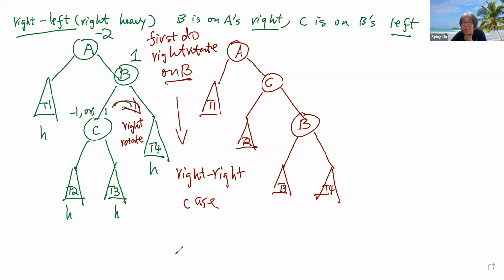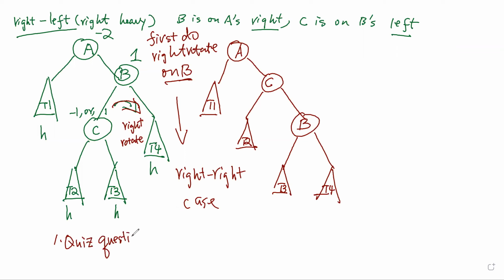And for the right case, then what should we do? Who still remembers? This will be our first quiz question. We bring the case from right-left to right case. After we bring it to the right case, how do we balance?